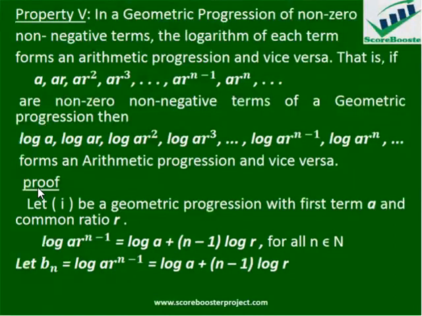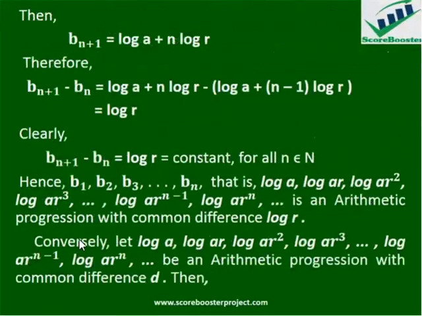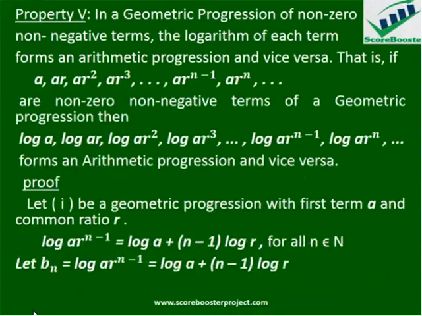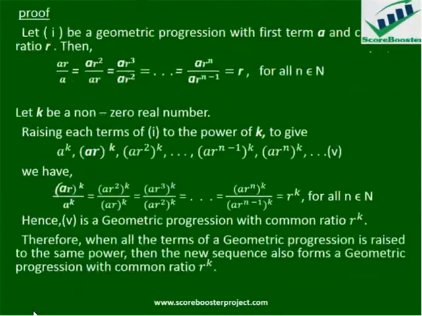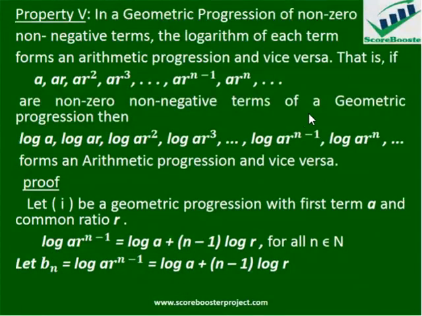So let's move to the proof. Let a be a geometric progression with first term a and common ratio r. So if you take the logarithm of the nth term, this is the nth term, log of a r raised to the power n minus 1, which is equal to, according to the rule of logarithm, if you have log ab, the same thing as writing log a plus log b.